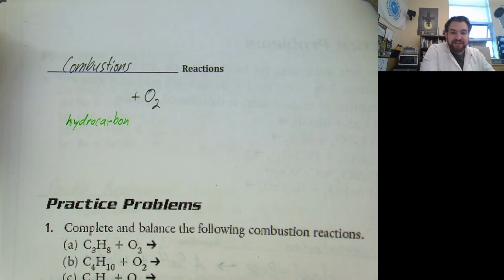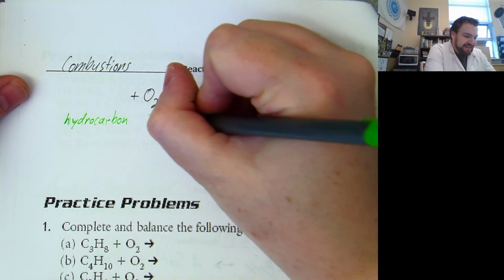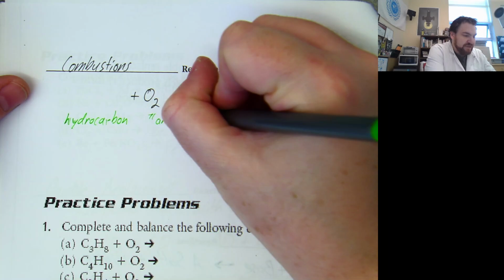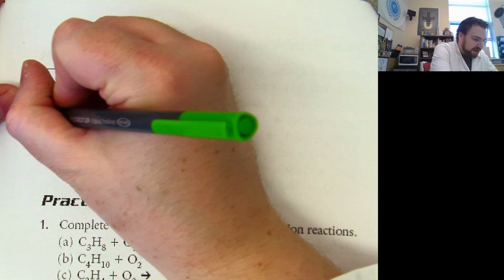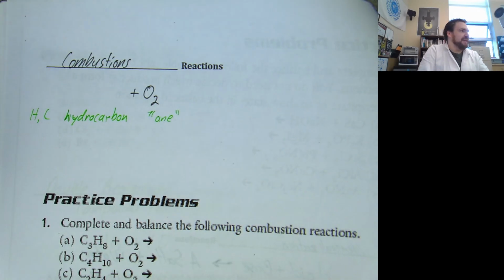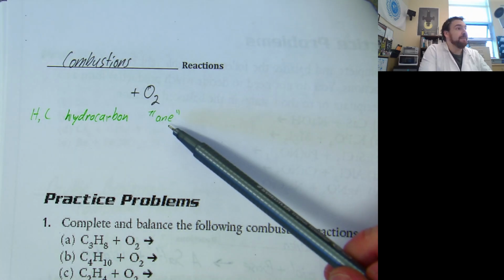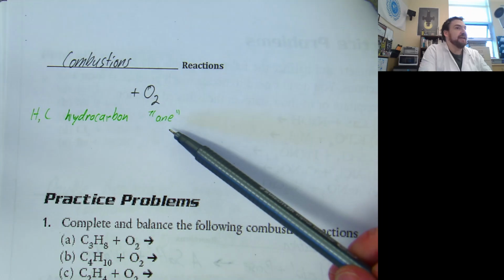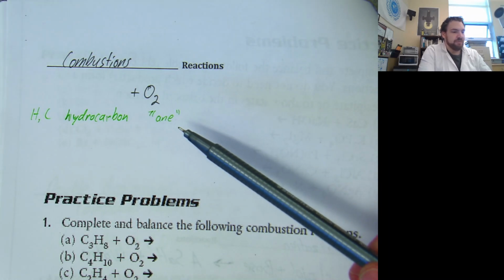So hydrocarbons are an example. A hydrocarbon is any compound that ends in ANE. So the names will end in ANE. And a hydrocarbon is made up of hydrogen and carbon, as the name suggests. ANE compounds that you're probably familiar with are things like propane, which you use for the fuel for the barbecue.